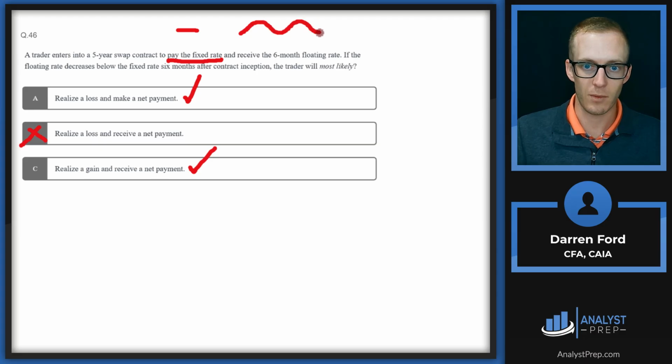It says that this fell below the 5-year rate, so let's say this falls down here. If the date that we're at is right here, I have to receive this rate down here, but I'm paying the fixed rate up here. So if I'm paying a higher rate than I'm receiving, I'm going to be at a loss and I'm going to have to make a net payment.